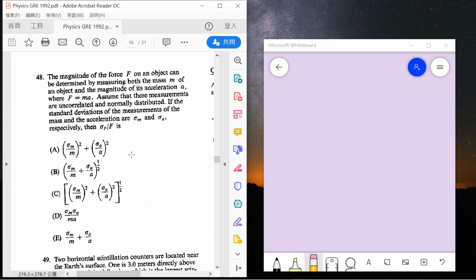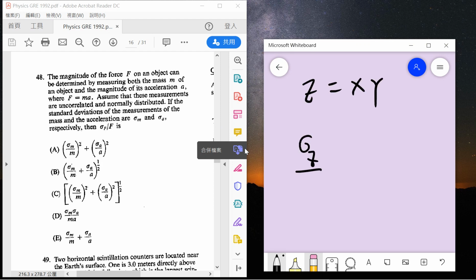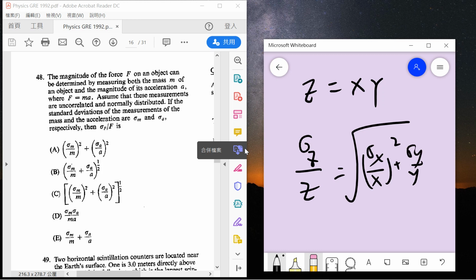So 48 basically asks about error analysis. F equals m a, sigma over f. I don't know whether you guys know about this, but actually, you should remember this. If you have z equals x times y, then sigma over z will be this. This is a basic formula you need to remember.